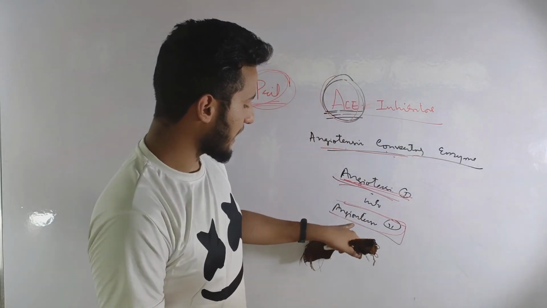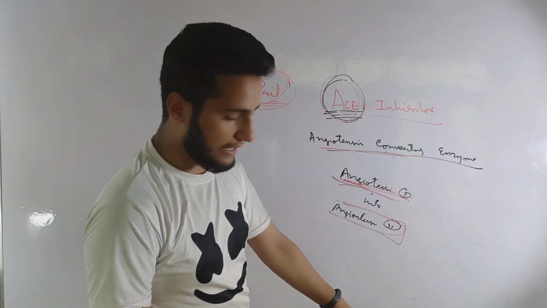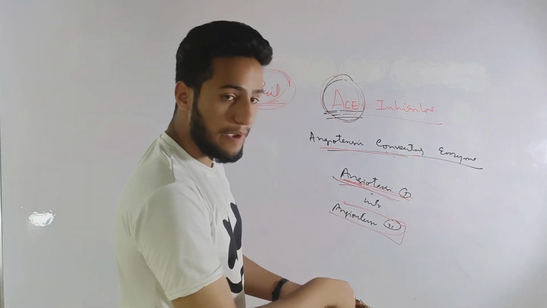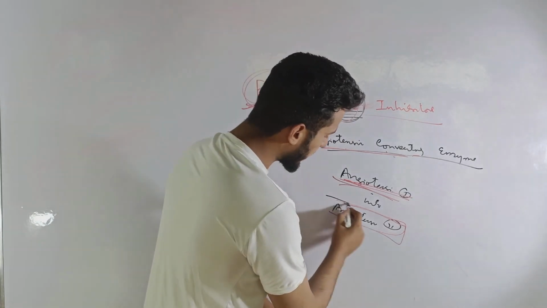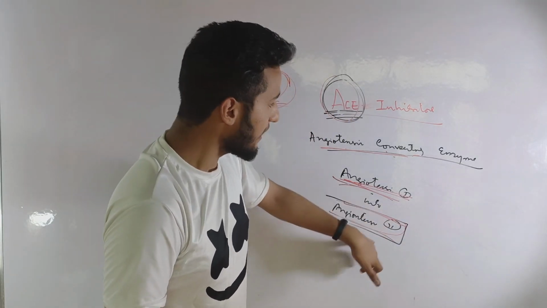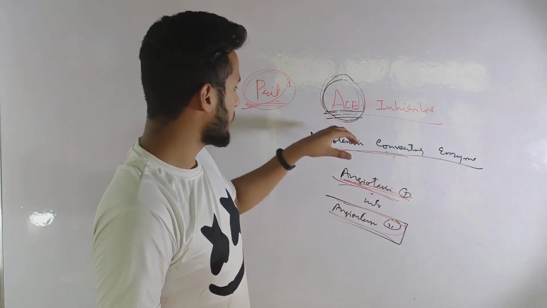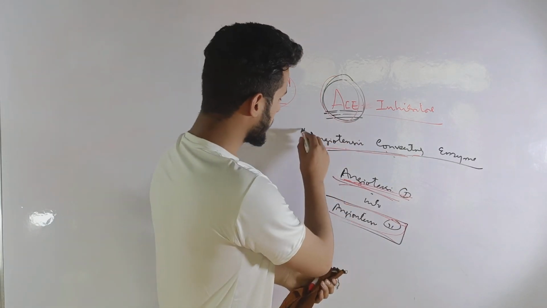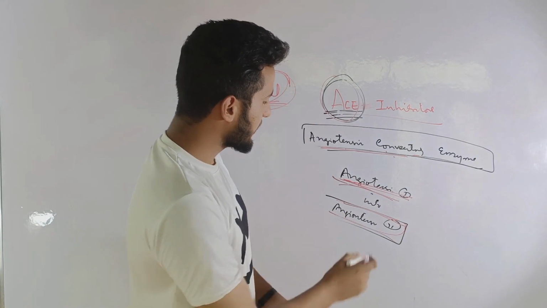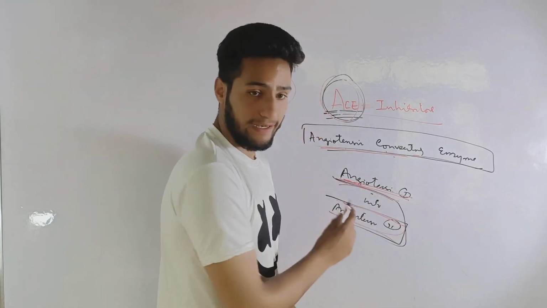Because if there is angiotensin second in a great quantity in our body, we will have hypertension. So we have to inhibit this converting enzyme so that it will not form angiotensin second.